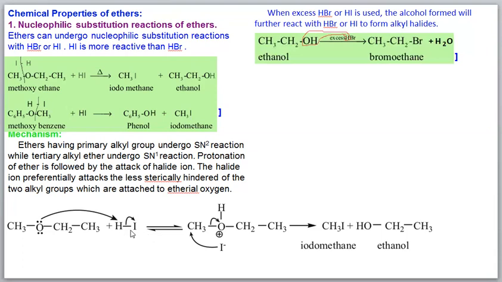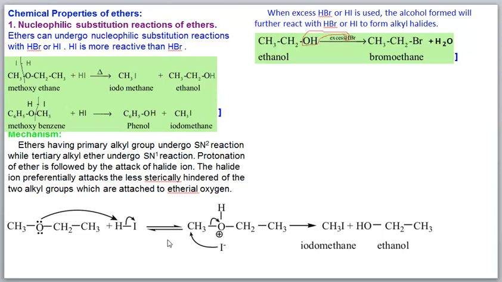This H-I bond is cleaved, and the electron pair goes to iodine, so it changes into iodide ion. Now this H plus, the ether oxygen donates an electron pair to hydrogen and makes a bond. Hence the oxygen loses electron density and becomes positively charged. So we'll get an oxonium ion.